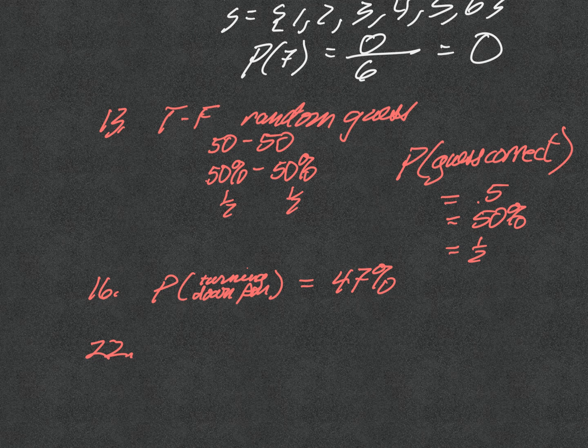So the survey said 17% do not carry cash. So the probability of no cash, I'll call it that, is going to equal 17%. Okay? And that's what I would write down. And then it says, does it appear that most adults carry some cash?